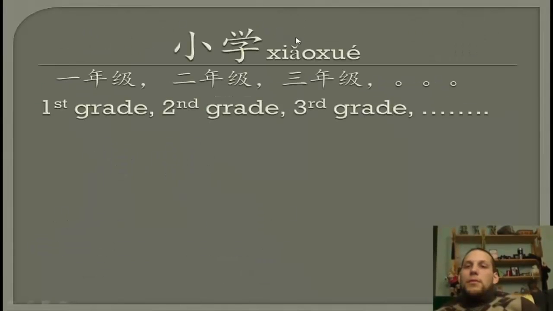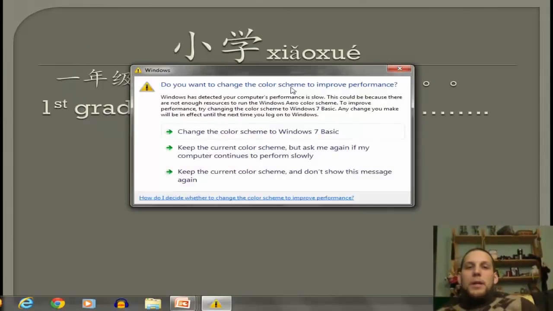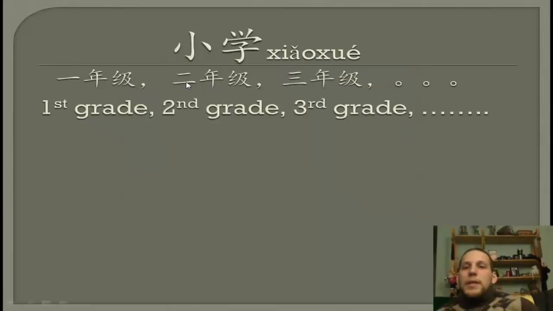So for 小学, pretty simple. We have first grade, 一年级. For second grade, 二年级. For third grade, 三年级. What would fourth grade be? 很好，四年级，五年级 and 六年级.